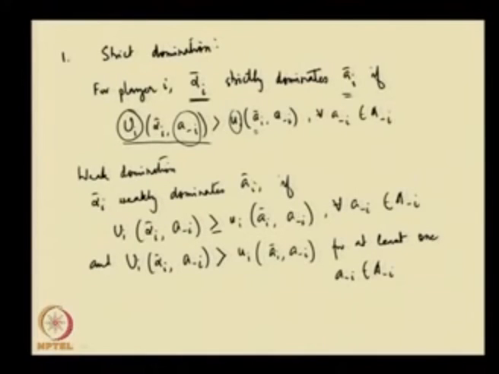So, for all the profiles of actions of other players, the expected payoff must be greater from alpha i bar, and for at least one action profile of other players, alpha i bar must be giving strictly greater than a i bar.